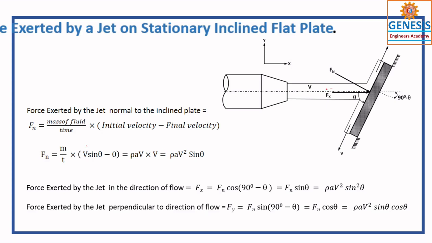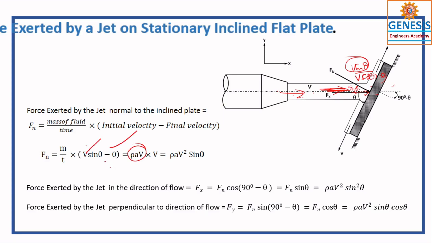So this velocity, initially coming out of this nozzle, is V. So this is V, this is 90 minus theta, then V cos 90 minus theta becomes V sin theta. So the jet strikes the plate normally with a velocity V sin theta. Since the plate is fixed, the final velocity is 0. That I have given in this.